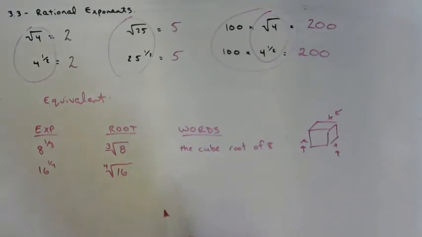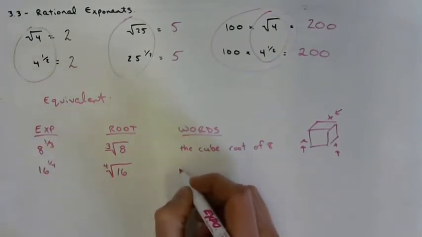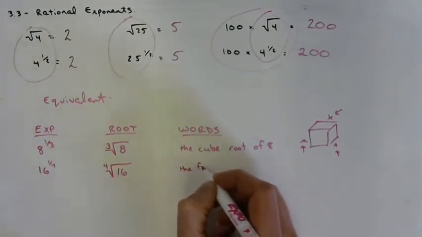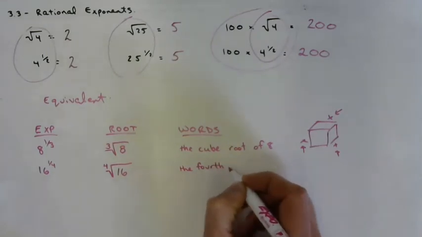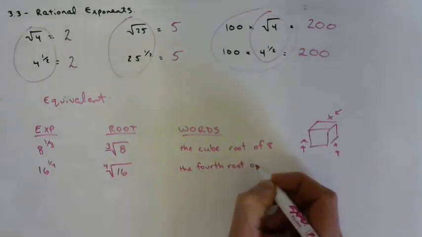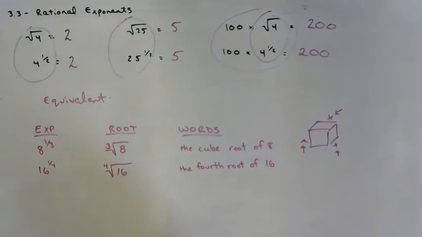So we're working with radicals. How would we say this? This is the 4th root of 16. So we're looking for a number that if you multiply it by itself 4 times, you get 16. What is that number? It's 2. 2 times 2 is 4, times 2 is 8, times 2 is 16.